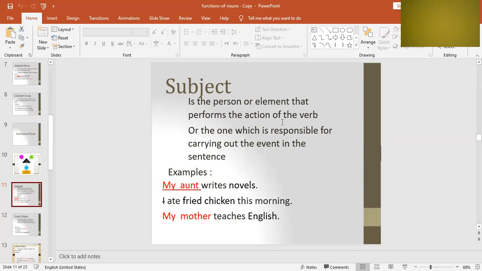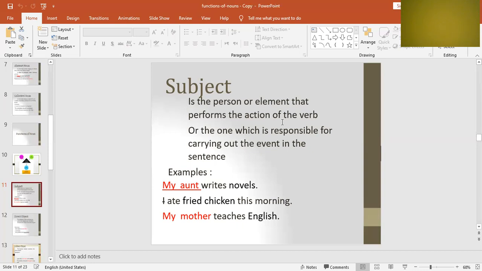Here, the word aunt is a noun, but my aunt, these two words together, is a noun phrase. We say a noun phrase because it acts as a noun. The two words together act as a subject. A subject is always a noun. So this is a noun phrase which acts as a subject.